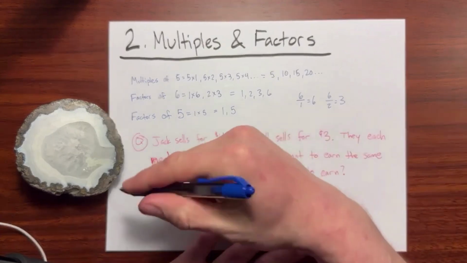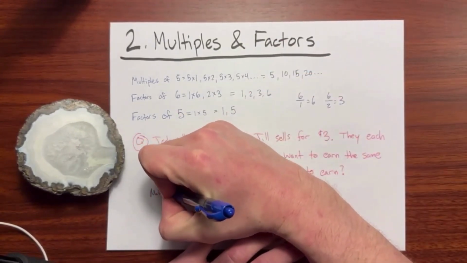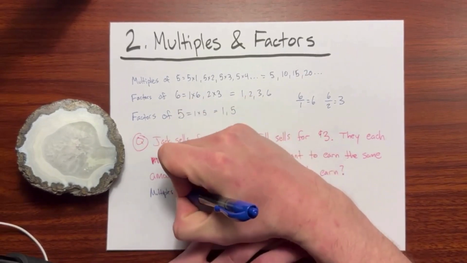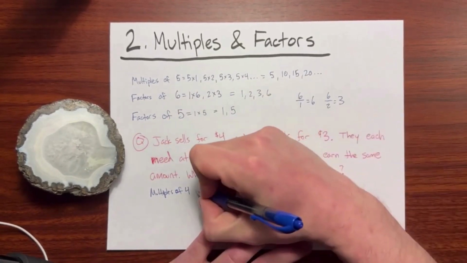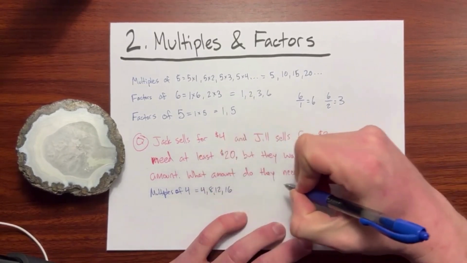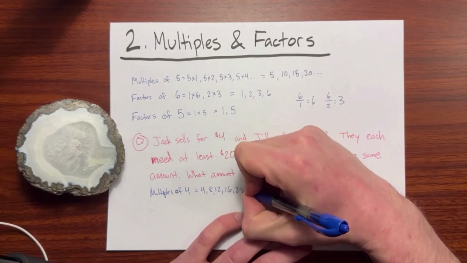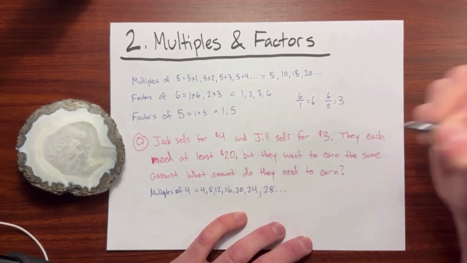So the multiples of 4 are going to be 4, 8, 12, 16, and 20, 24, 28, and so on.